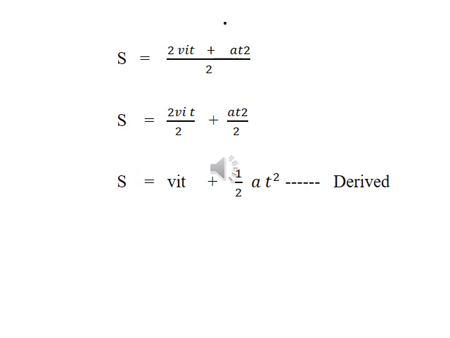The 2 cancels with 2. So our equation is S equal to Vit plus 1 upon 2 At square. That is our required equation that is derived.